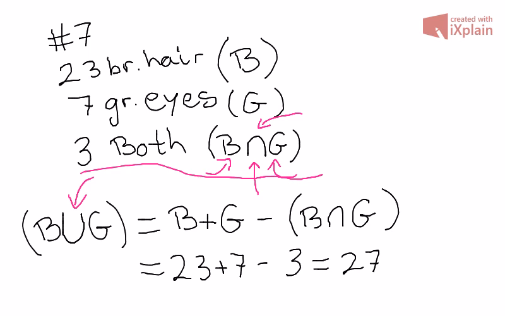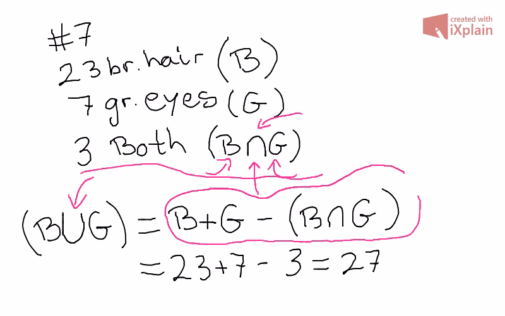And the equation to find the union is you add the 2 groups together, and then you subtract off the intersection, and that's where they have both. So we do 23 plus 7, and then subtract off 3, and then we get 27. And so that's the answer there.